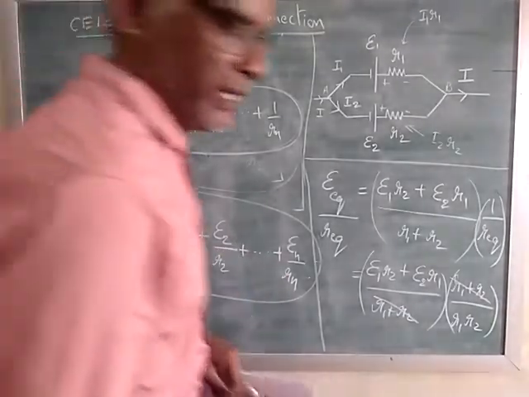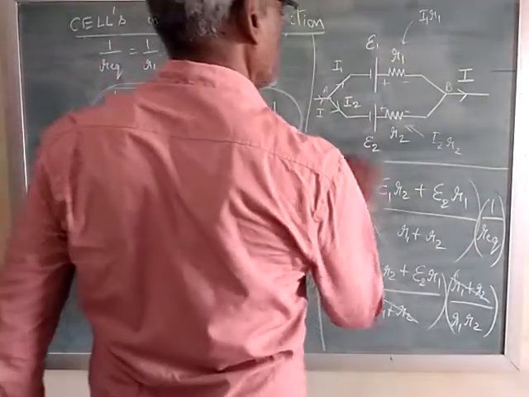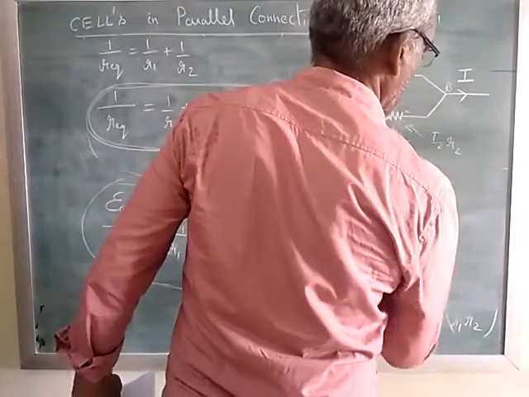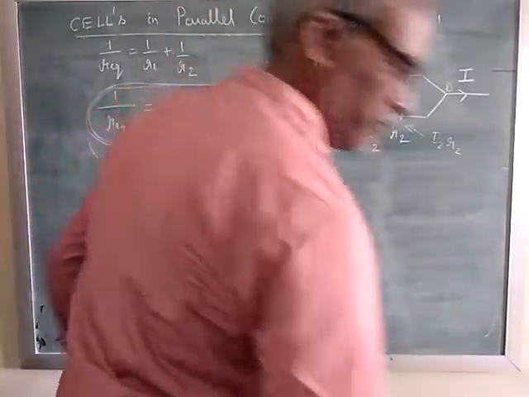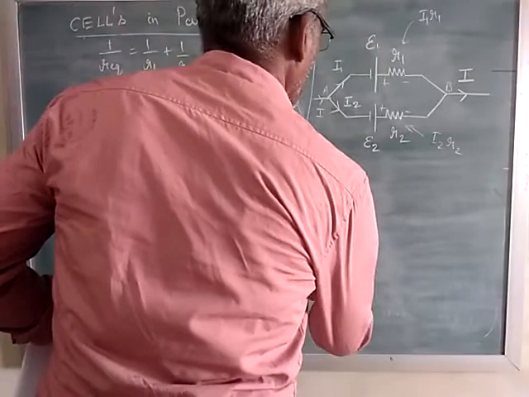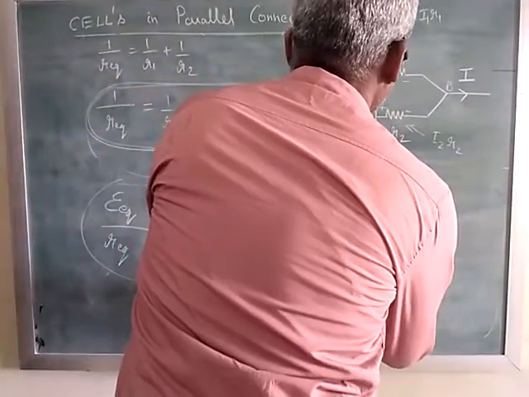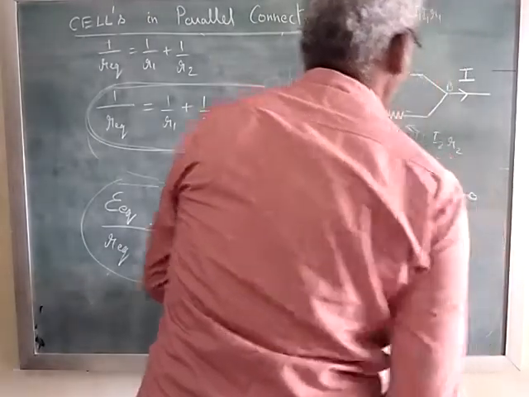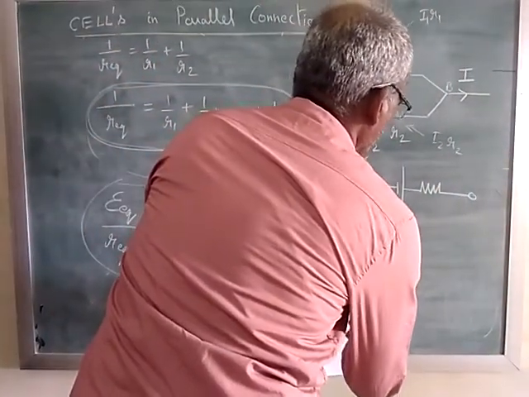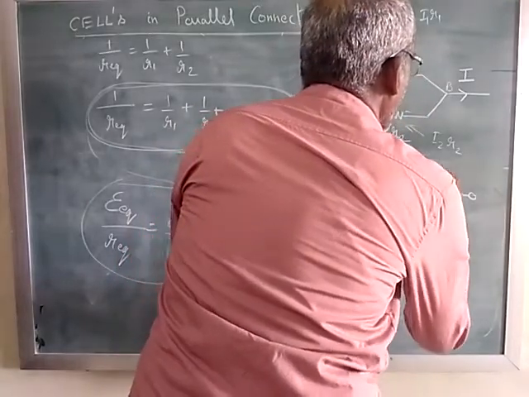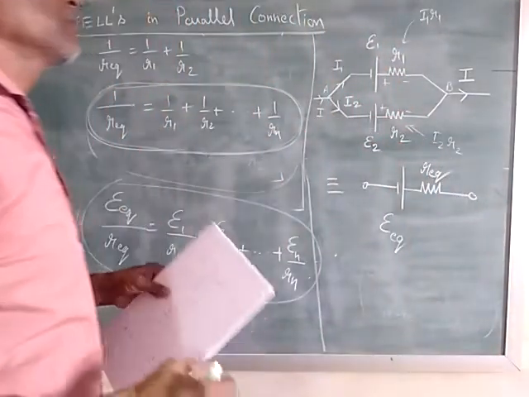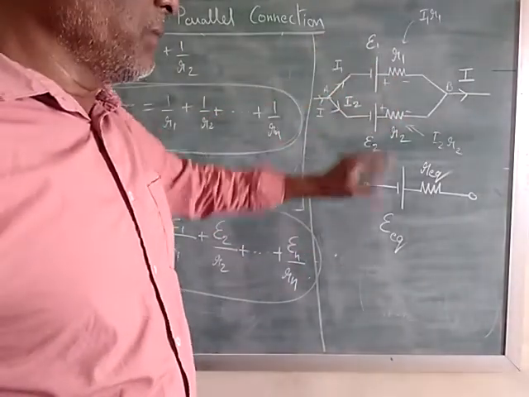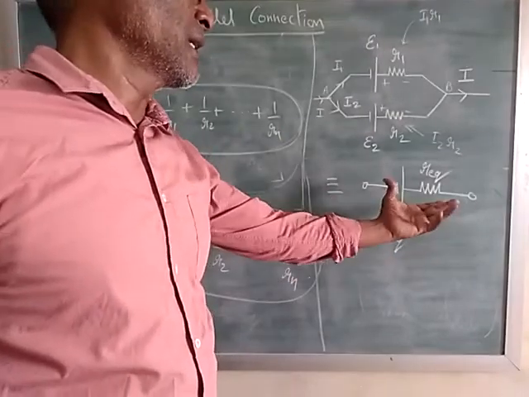Now we will draw the equivalent circuit diagram. So these two sources can be replaced by E equivalent and R equivalent like this.